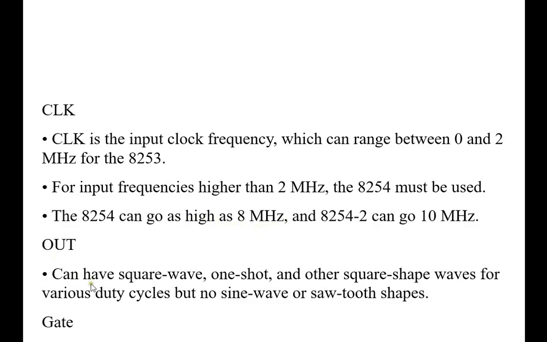Then the output can have a square wave, one-shot and other wave shapes with various duty cycles. Now the gate pin is to enable or disable the counter. So in short we can say that gate is to enable and disable, out is the output and clock is the pulse.